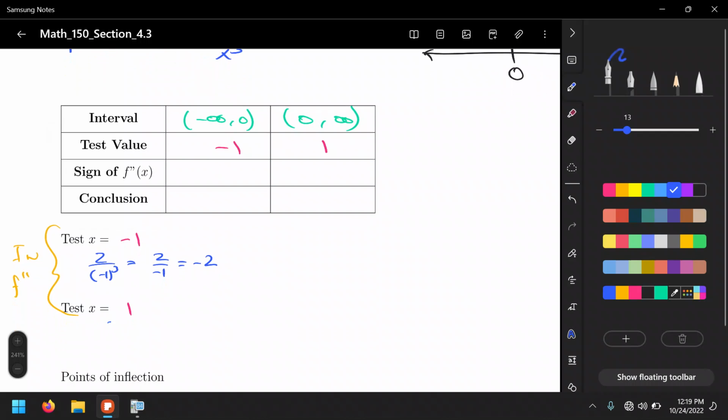What about x = 1? 2 over 1^3, that's 2 over 1, which is 2. So for x = -1, the second derivative is negative, and for x = 1, the second derivative is positive. This means concave down and concave up.